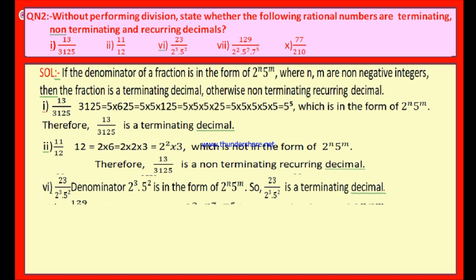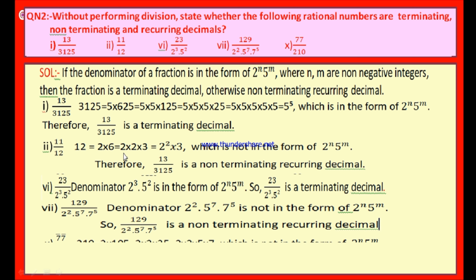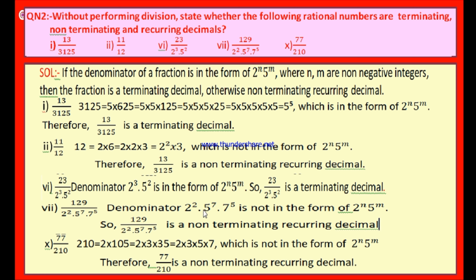Next is 7th bit. 129 by 2 square into 5 power 7 into 7 power 5. Here the denominator is in the form of 2 square into 5 power 7 into 7 power 5.